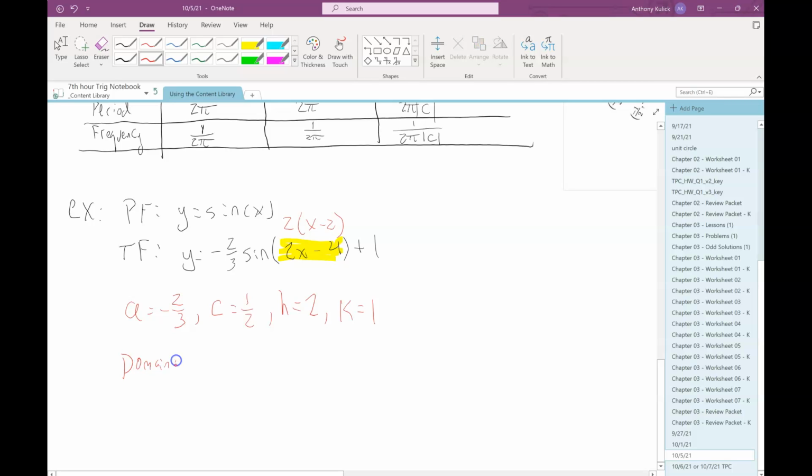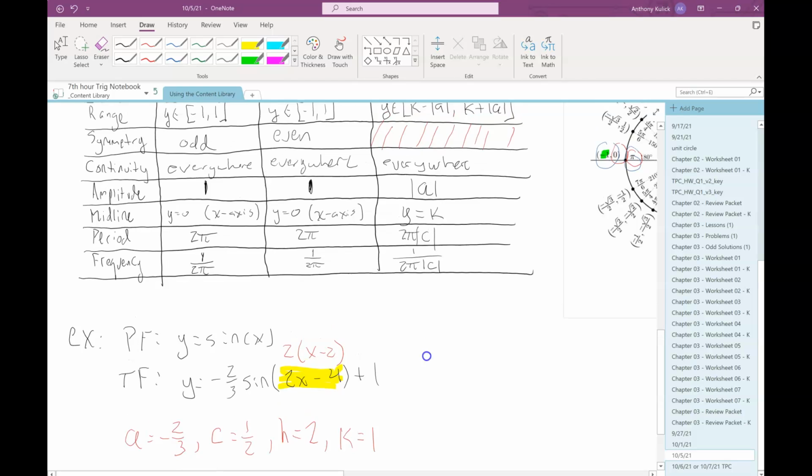Okay. So if I want the domain then, what's that going to be? It's the easiest question. It's negative infinity to positive infinity. Yeah, it's still all real numbers, right? That part never changes. And then what's the range going to be? Same thing, right? Nope. Change it a little bit.